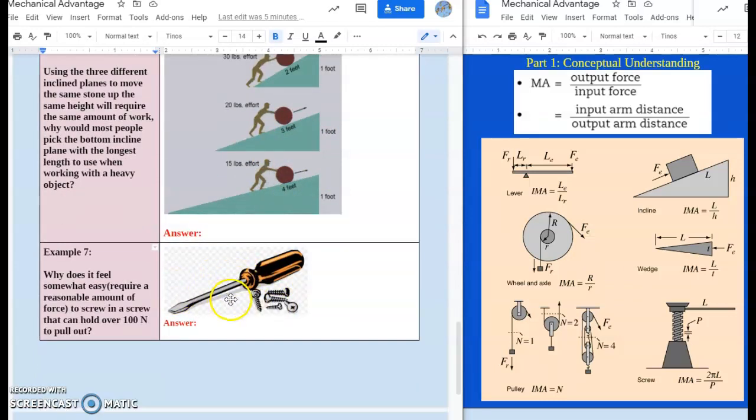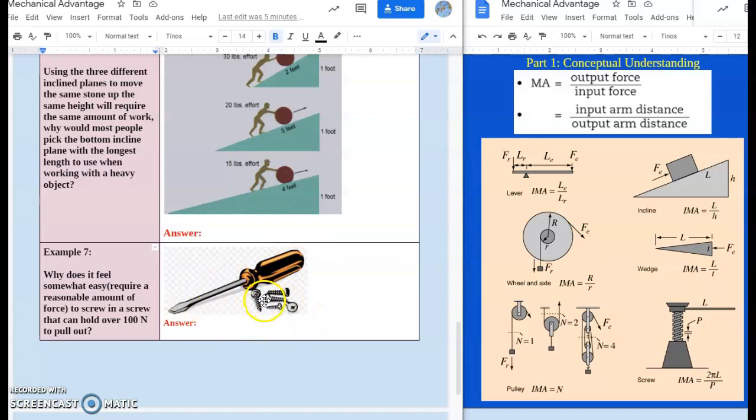Here we have a combination of 2 simple machines that we use all the time: a screw and a screwdriver, which has a bigger rounded handle for a little bit of an axle that's smaller. Whenever I rotate this 10 centimeters, this might only move 1.